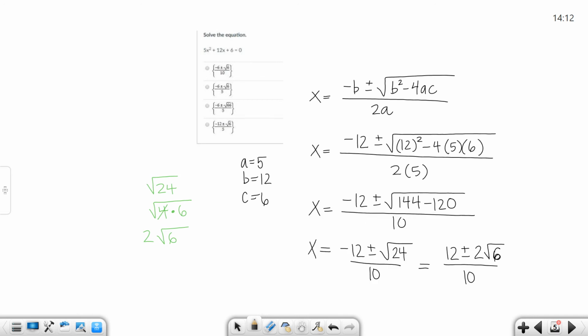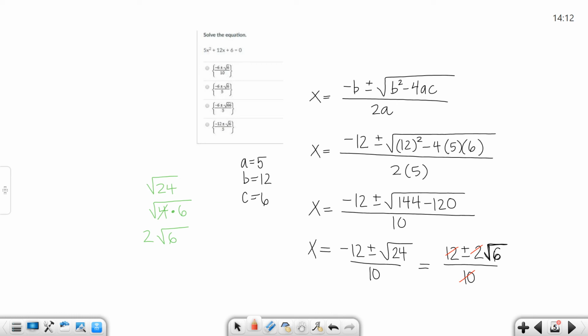Now then, the square root of 6 is protected. You can't do anything with it. But out in front of that, you have a 2. You also have a 12 and a 10. So you need to simplify this because they're all even. Now there's several different ways that you can simplify it. You can break it into 2 fractions, you can factor out, but truly the easiest way, if you look at all 3 of these pieces that I've shaded in red, all 3 of them are divisible by 2.